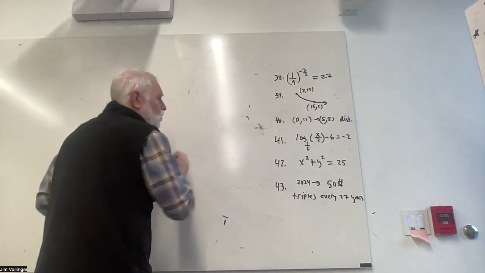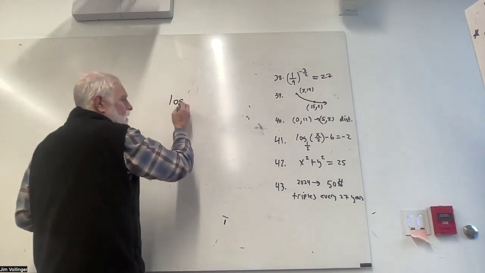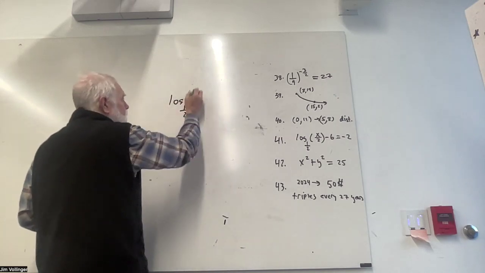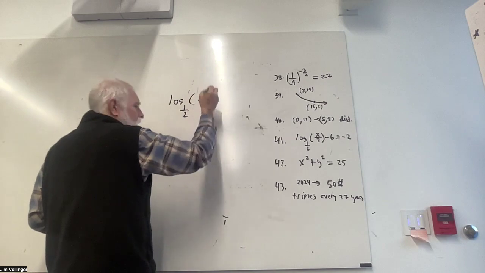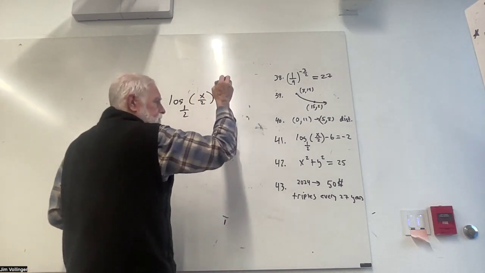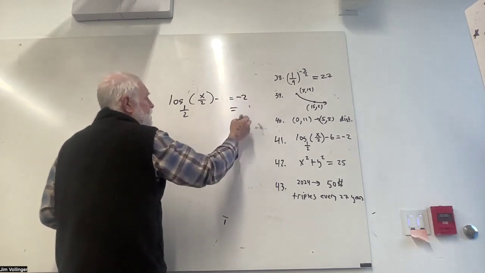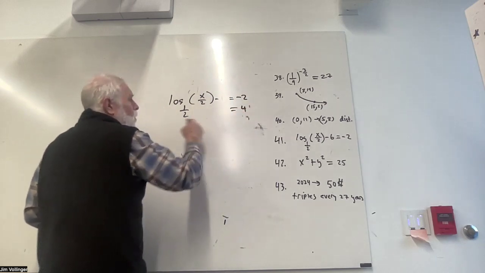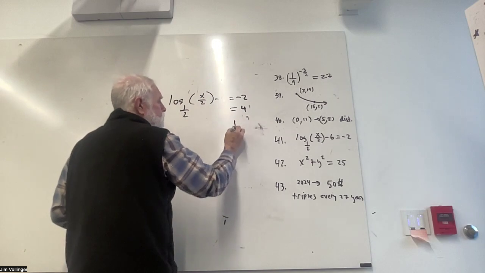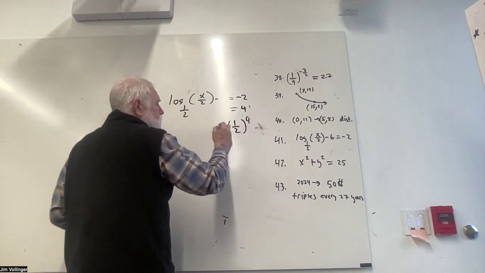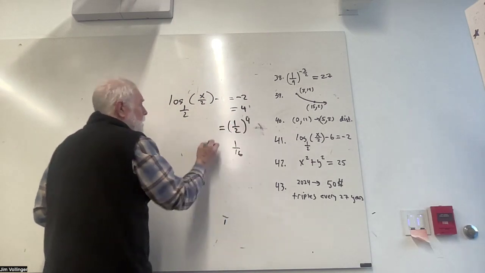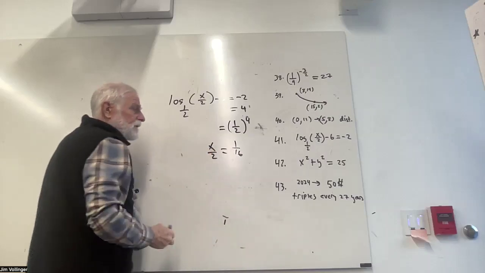All right, so here's one of those where we hopefully can do this in our head. We'll do it together, but if you can do this in your head, wonderful. Okay, add 6. 1/2 to the 4. 1/16. X over 2 equals 1/16.